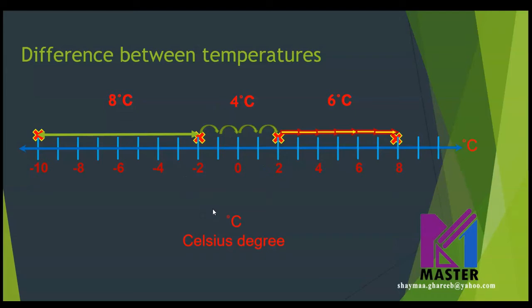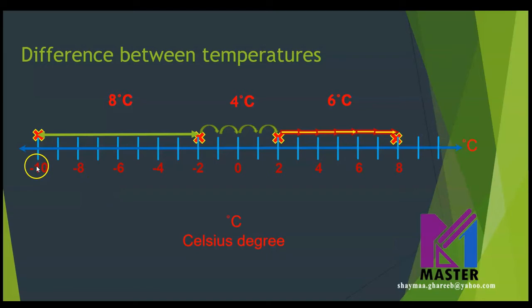So we can say that to find the difference between two temperatures, first, it must be a positive number. Second, it could be the sum of the two numbers or the difference between the two numbers. So what do you notice here? When it is the sum and when it is the difference. When we have two positive temperatures, the difference was subtracting the two numbers.